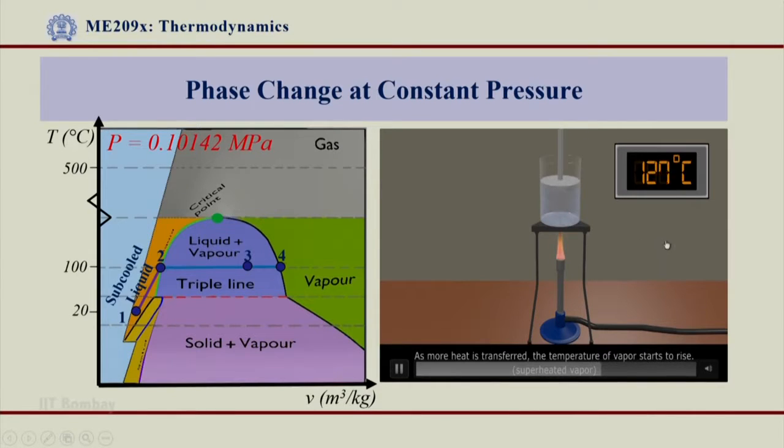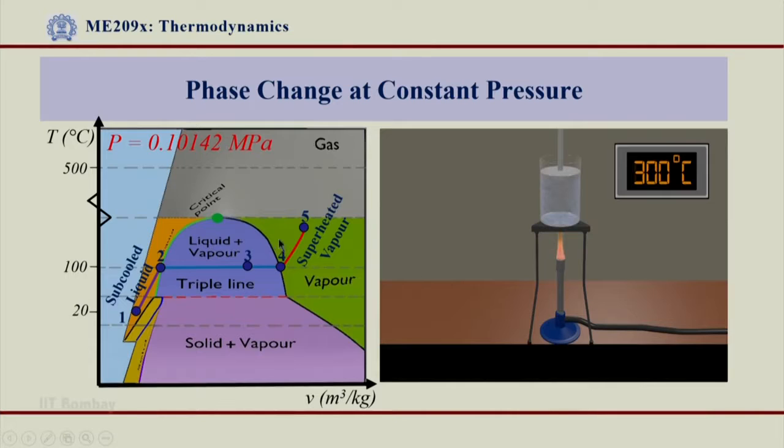Now at point 4 there is a complete conversion of water to the vapor region, and I am going beyond that now, and I am heating it up to let us say 300 degrees centigrade, alright, and this is my final point which is at around 300 degrees centigrade approximately shown in this diagram.